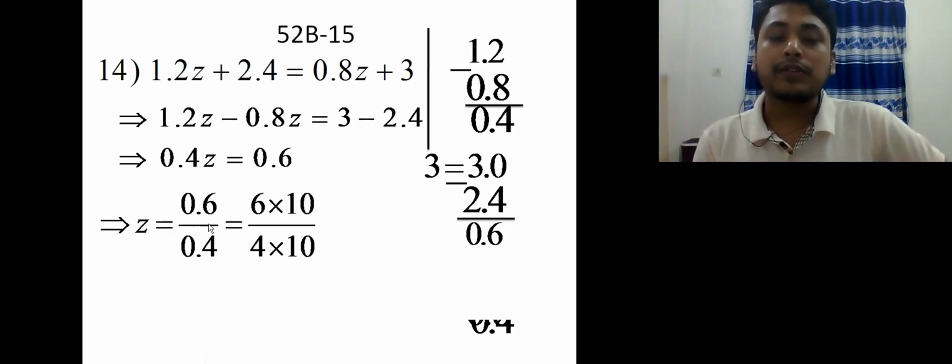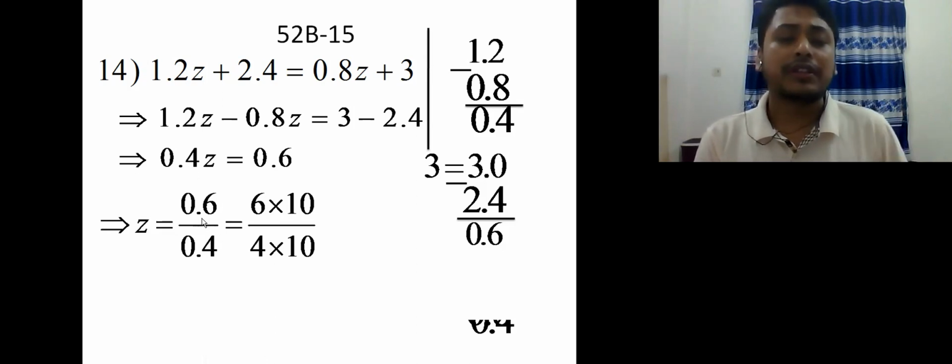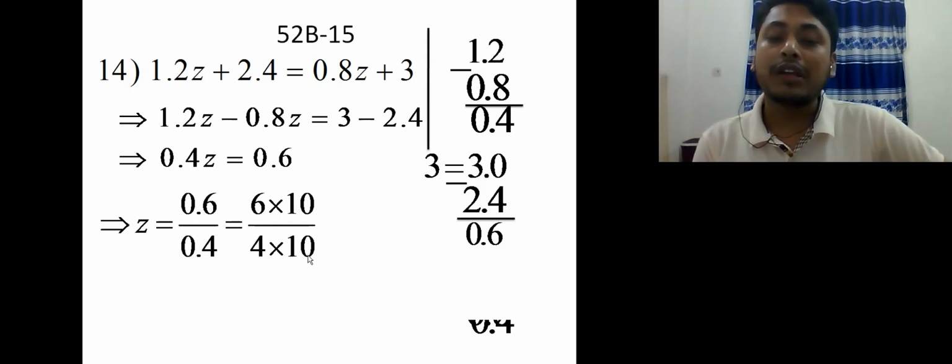Now you can do it in two ways. You can do the division, or you can remove the decimal point from the two numbers. If you remove the decimal point from the upper one, 10 will come in the down one, because after the point there is one digit.